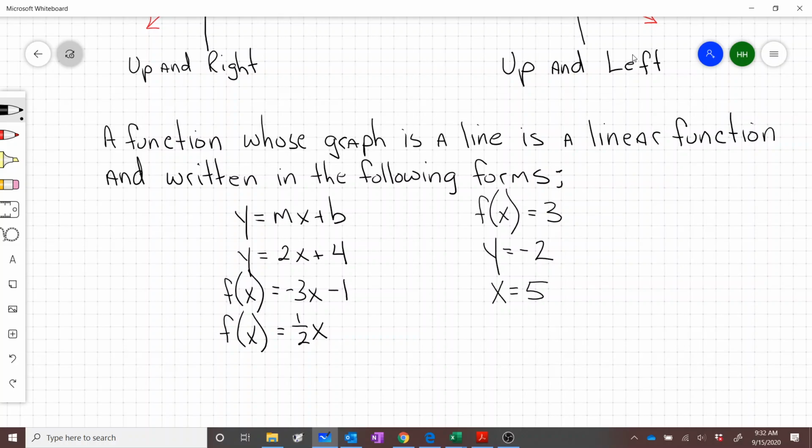If the equation is y equals just a number, or f of x just equals a number, when all the y values are the same, that is a horizontal line.